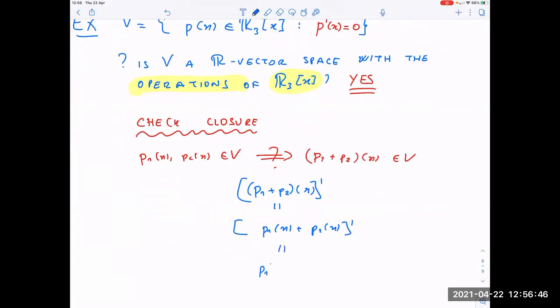It is the sum of the derivatives. And if this is 0 and this is 0, then also the original one is 0. So yes, this implication is correct, because 0 plus 0 gives you 0. So it is closed with respect to addition. And then it is also closed with respect to multiplication by a scalar. And so all is going to be okay.